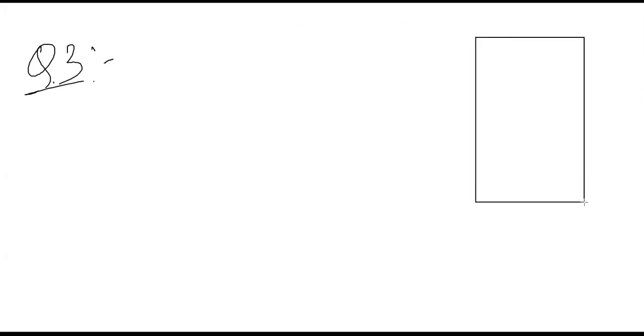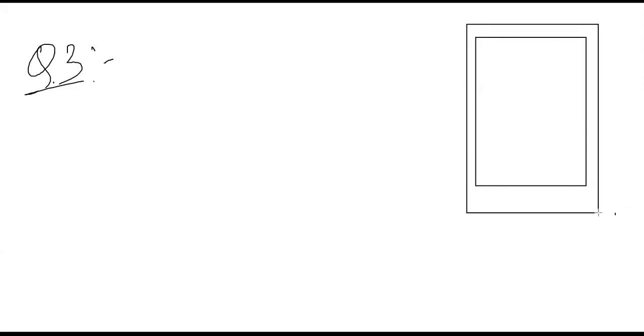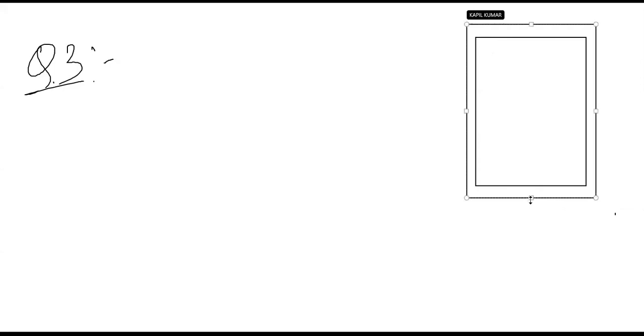Suppose this is a photo picture, where something will be drawn, and there will be a margin also given. Look, this is the margin that will be given from each side.